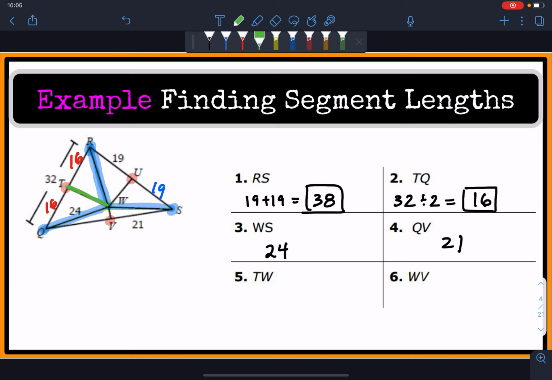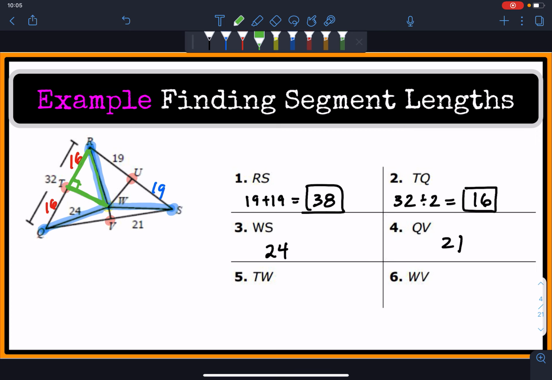Now remember, T is in the middle, but this line right here that I have in green is also perpendicular to, again, these bases. So these again are perpendicular, and this angle right here again is perpendicular, which means that we create again 90-degree angles, and specifically we create right triangles.